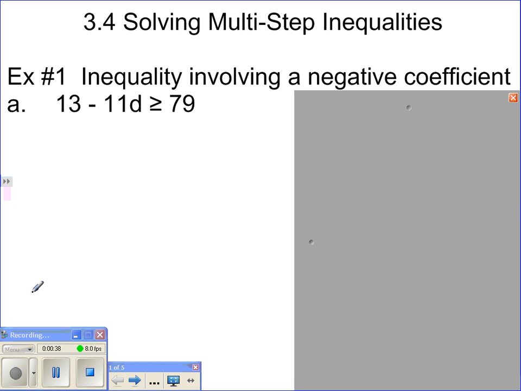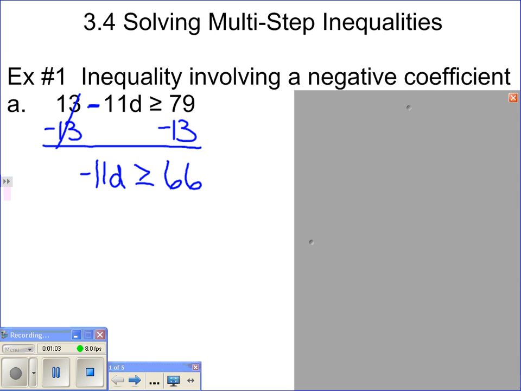It's a two-step equation. We're going to solve for D. So first up, we're going to, good, subtract the 13. Get rid of the constant. Now, the minus sign in front of the 11 is going to stay there, so it's going to be negative 11D is greater than 79 minus 13, which is, excellent, 66.